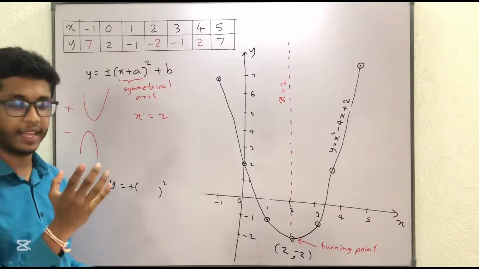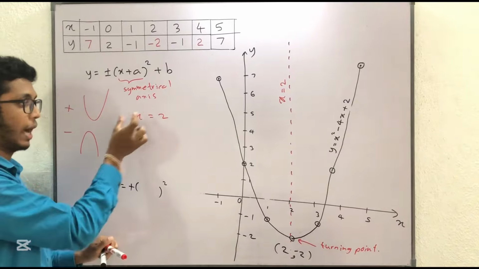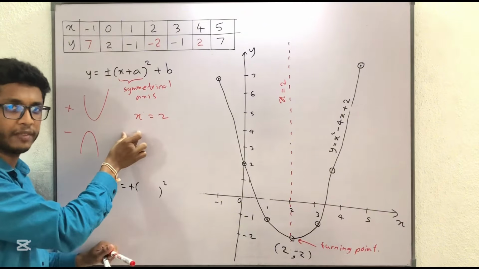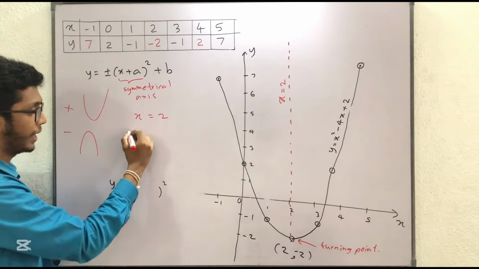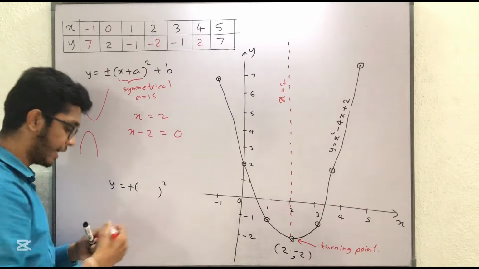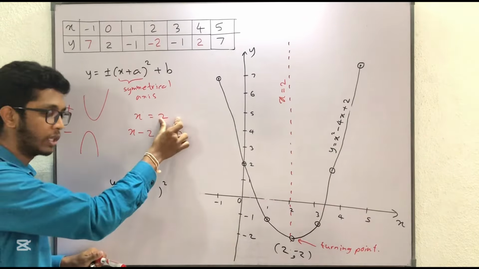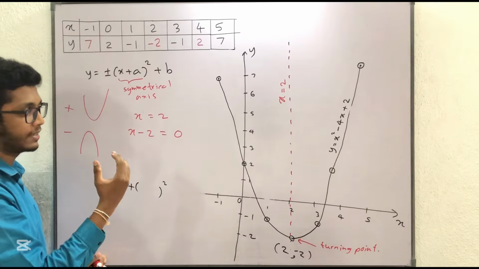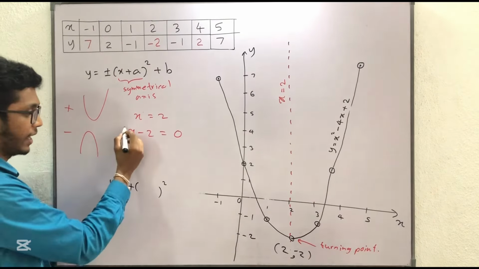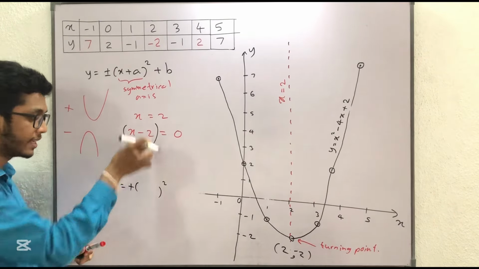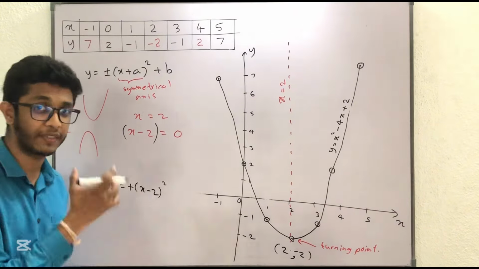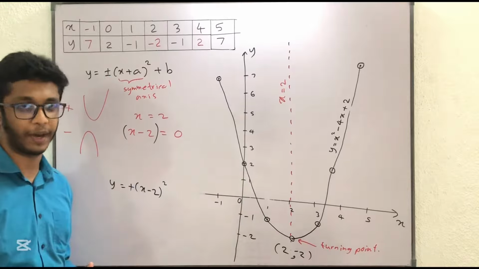So if I take this plus 2 to this side, what happens? Plus 2 becomes minus 2, and we get 0 here. I am taking all the values to a single side until I get 0 on that side. After that, I put a bracket and insert this value inside it. So we get x minus 2 as the value inside the bracket.